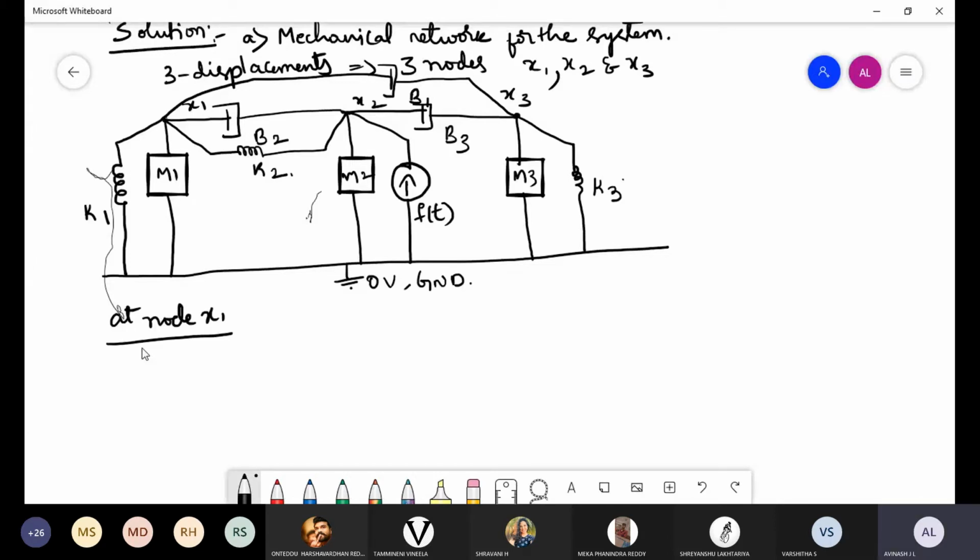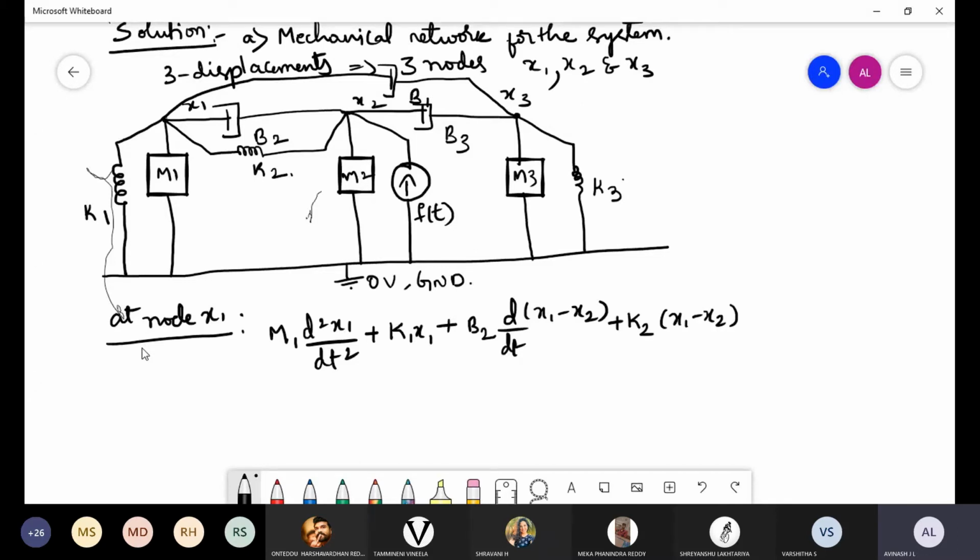Sorry, at node x1 you will get m1 d square x1 by dt square plus k1 x1 plus b2 into d by dt of x1 minus x2 plus k2 into x1 minus x2 plus b1 into d by dt of x1 minus x3.